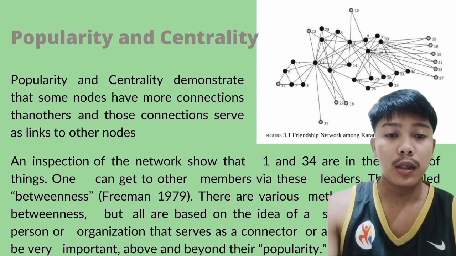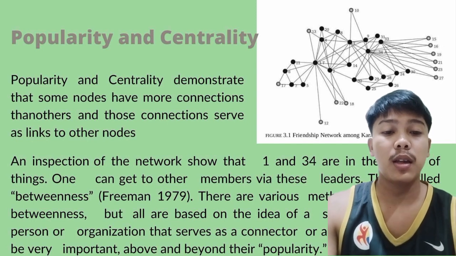Different centrality measures, such as degree centrality, betweenness centrality, and closeness centrality, provide different perspectives on a node's importance. In summary, popularity focuses on the quantity of connections, while centrality examines the significance of a node in a network.